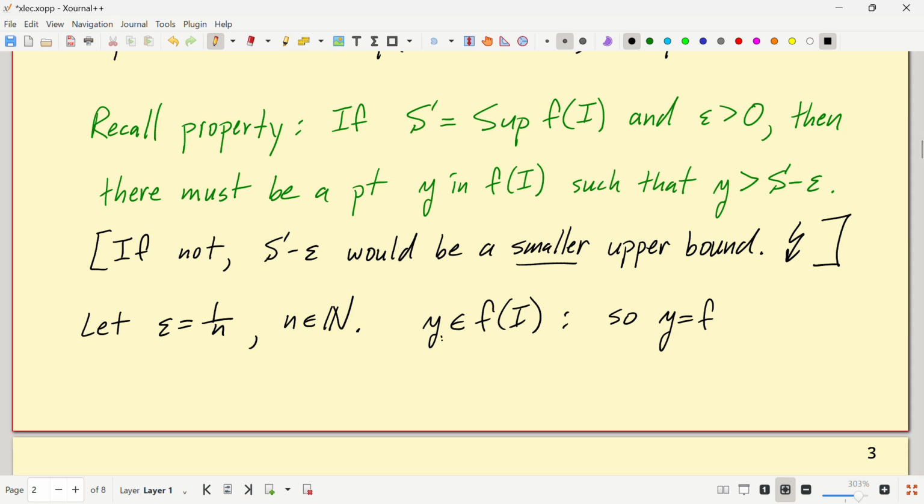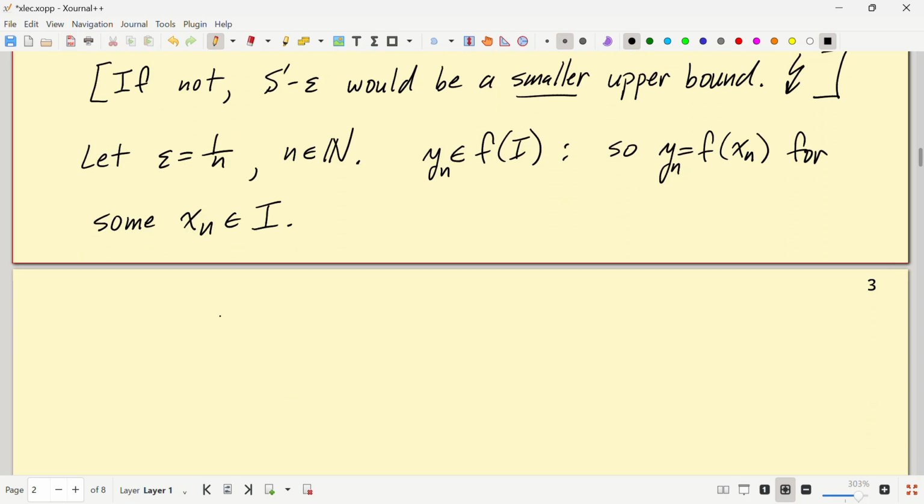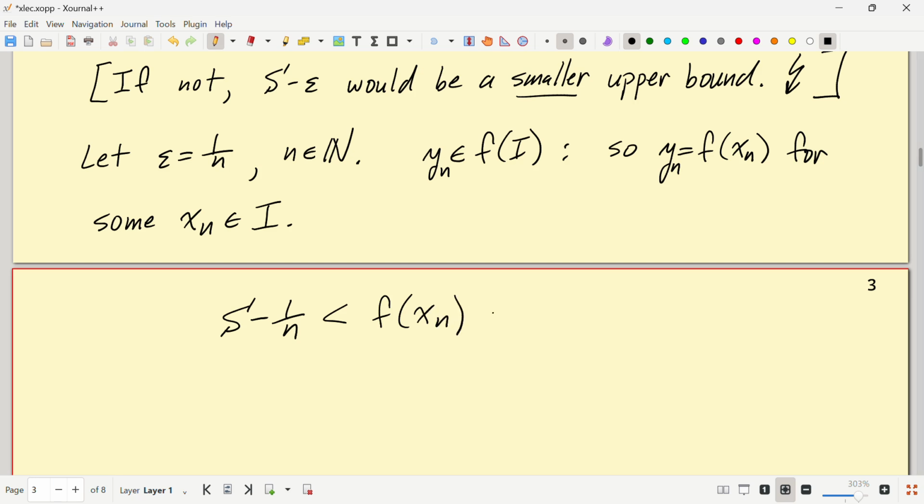Let's call it y sub n. So y sub n is equal to f of x sub n for some x sub n in the closed interval. Okay. And so now I have the sup minus 1 over n is less than f of x_n, and that's less than or equal to the sup.